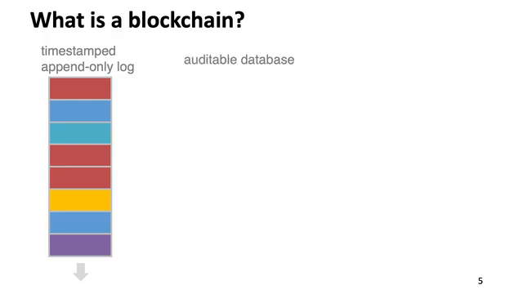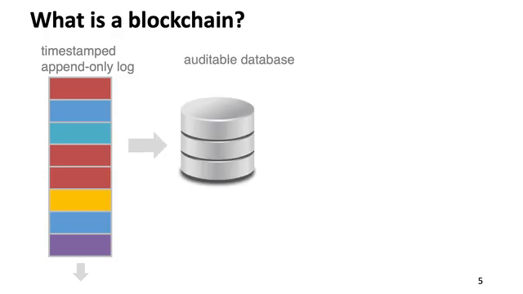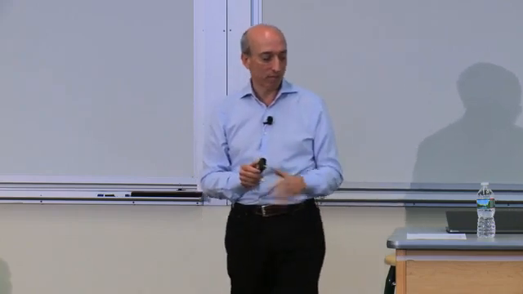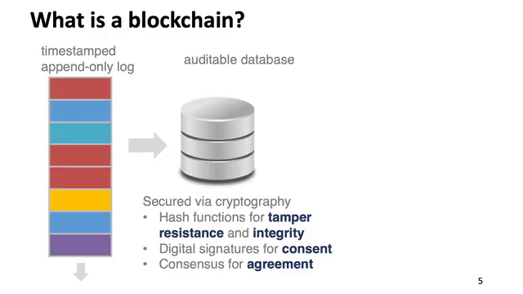Other thoughts? So then you create an auditable database, some database with cryptography. Hash functions, which half the class said they understood, and the other half was sort of a little rough. All is in permission systems, using cryptographic schemes to ensure the validity of the data and, so to speak, the immutable nature of the data.